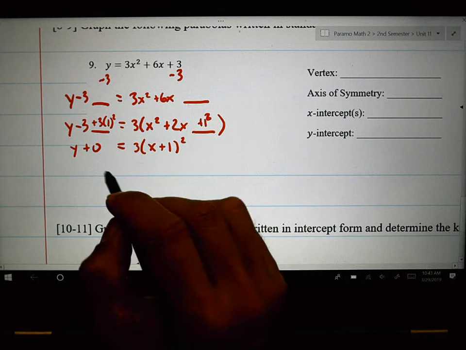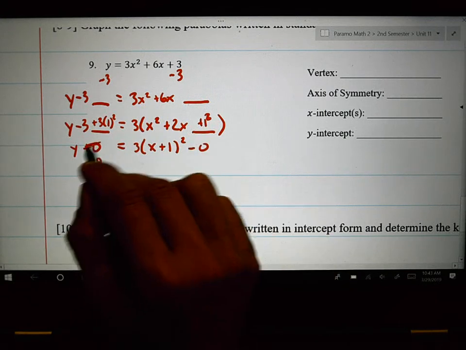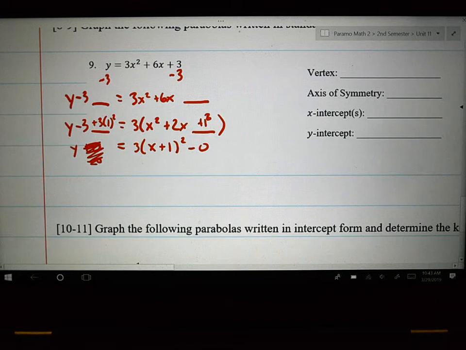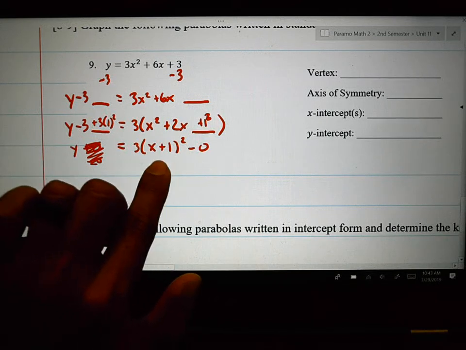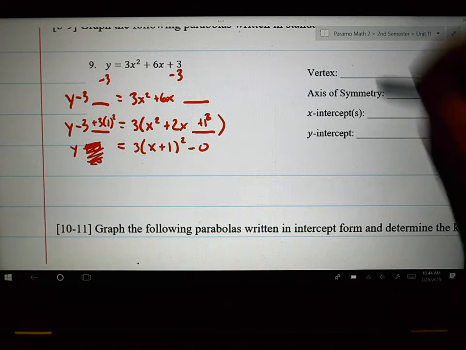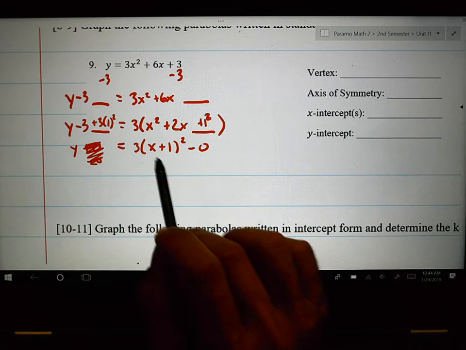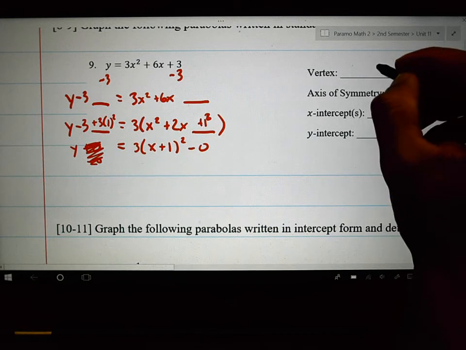And even though I don't need to do this, I'm going to subtract 0 just so you could see that y is equal to 3 parenthesis x plus 1 squared minus 0. And I did that because now it's in vertex form and I know opposite, same. Here's your vertex. Opposite, -1.